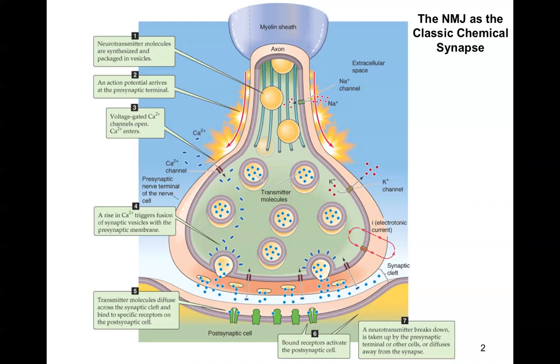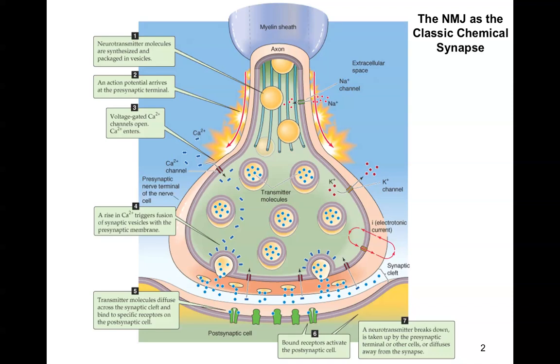The classic example of a chemical synapse is a synapse called the neuromuscular junction. This is a synapse between the axon terminals of motor neurons. Motor neurons are the voluntary neuronal cells that stimulate skeletal muscle.